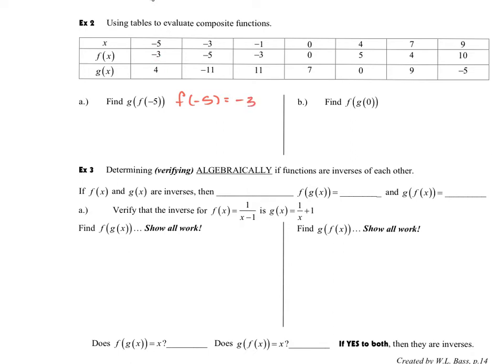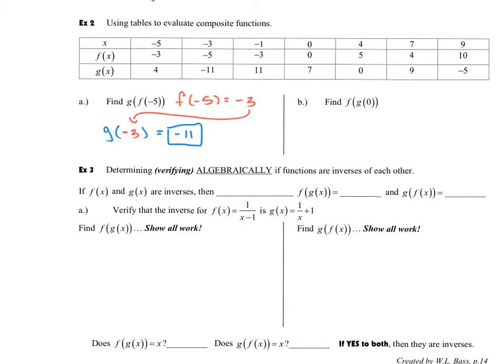So we're going to fill that in. That's going to tell us what to do for the outer function here. The outer function this time is a g, so we're going to find g of -3. So now I'm going to go to -3 and go to the g function, which is -11. And that's my final answer.